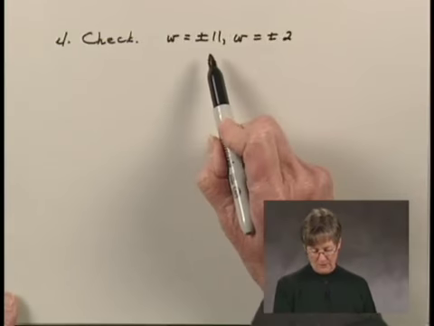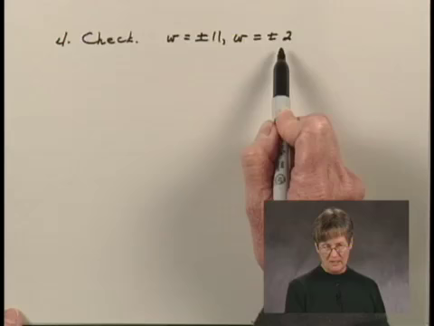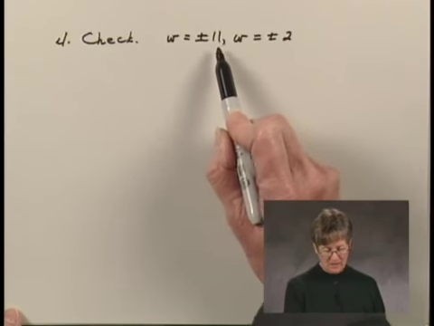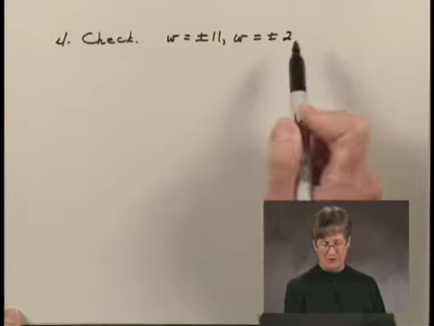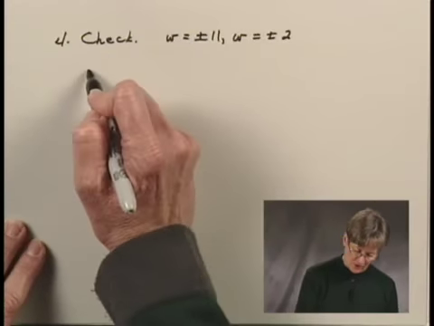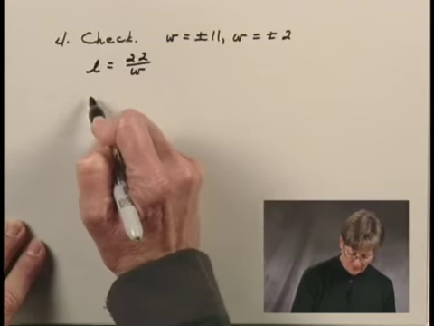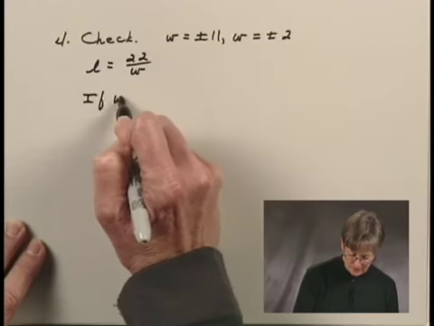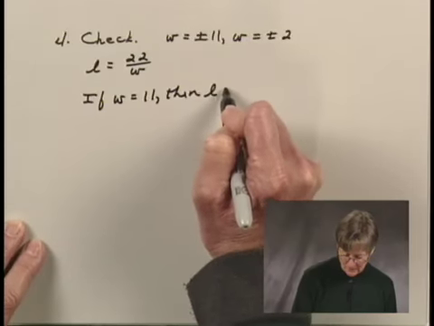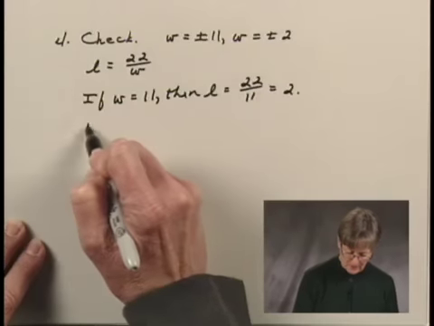I can eliminate the negative possibilities because these numbers are supposed to represent the width of a rectangle and they can't be negative. So we'll check 11 and we'll check 2. Remember that originally we solved an equation for L, and we got L is equal to 22 over W. So if W is equal to 11, then L is equal to 22 over 11, or 2.